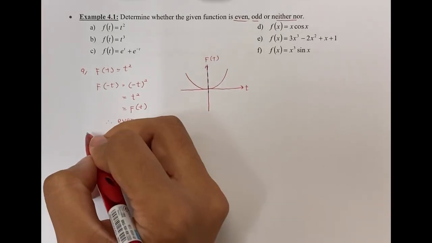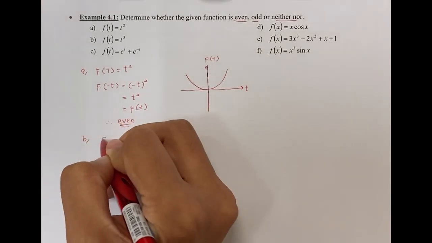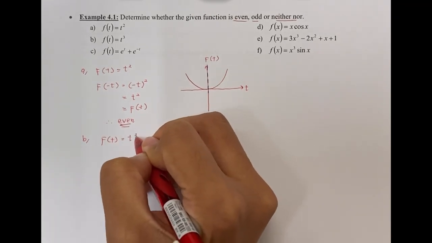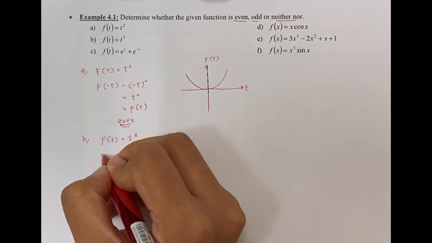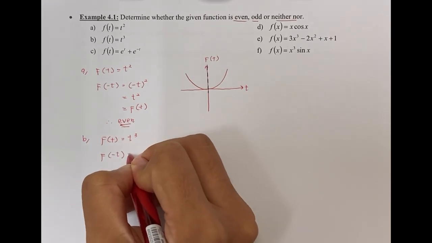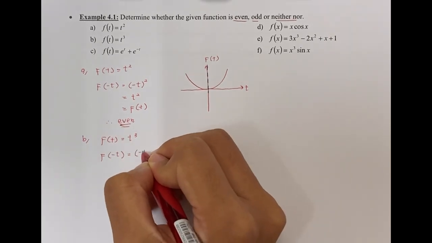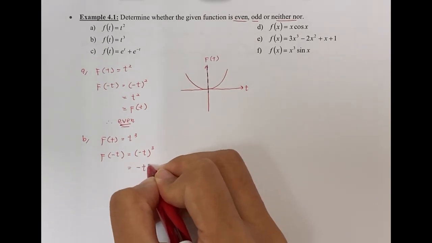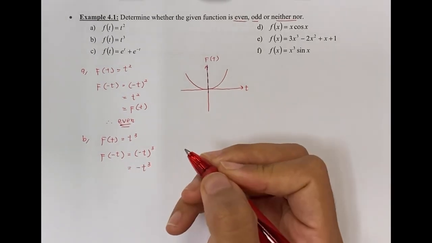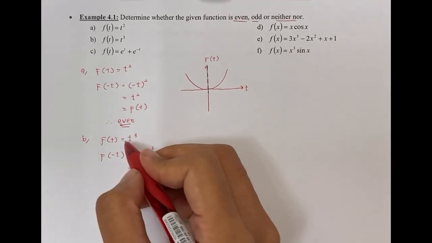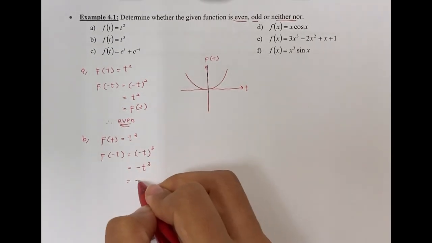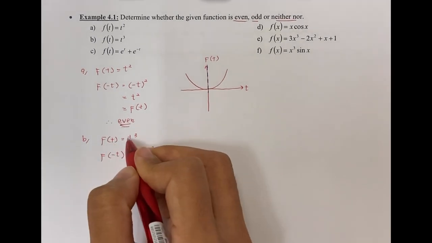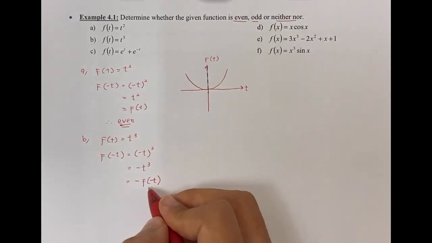And then moving to B, you have f(t) equal to t cubed. Okay, again, substitute t with negative t. You have (negative t) cubed, and (negative t) cubed is equal to negative t cubed. Negative t cubed is equal to our f(t) with a negative in front of it. So we have negative f(t).